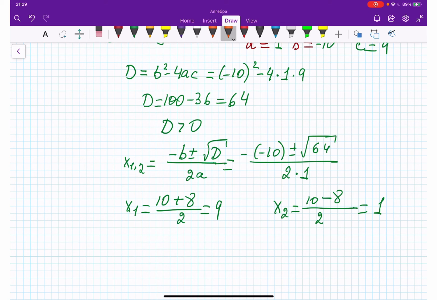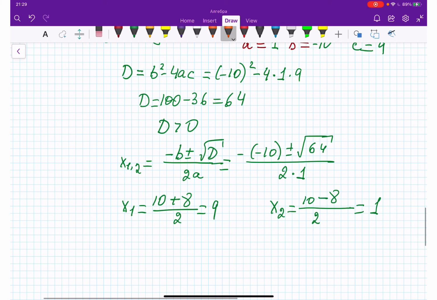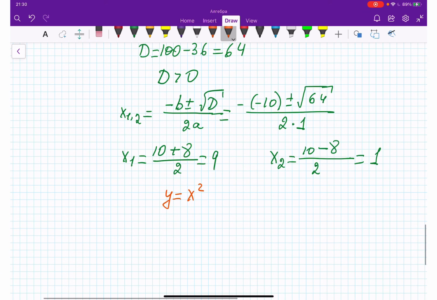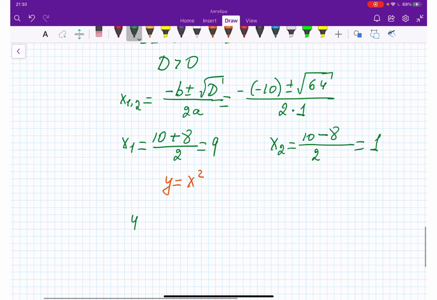Now let's bring down the substitution. y is equal to x squared. So our y1 is going to be equal to the positive square root of 9, equal to 3.